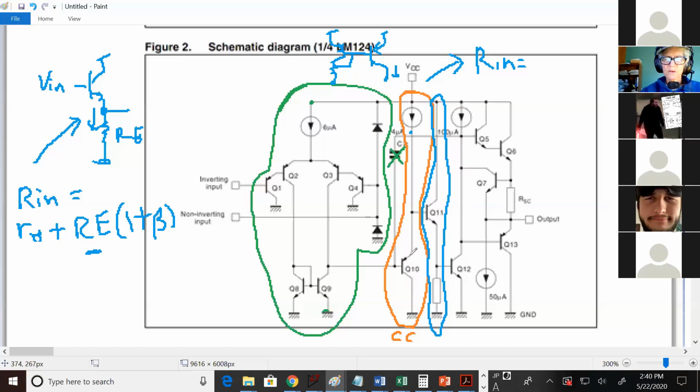So for this one, what's the resistance below the emitter? Let's ignore Q11 for now. What's the resistance you see below the emitter? If you go all the way up here and hit this thing, what's the resistance you see there? Looking up into here. So you're hitting a collector of a transistor.